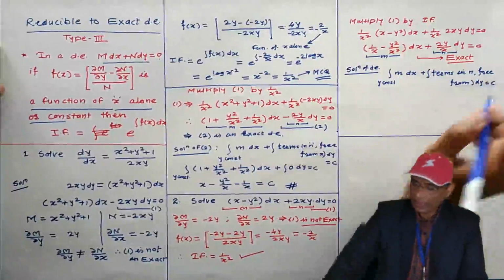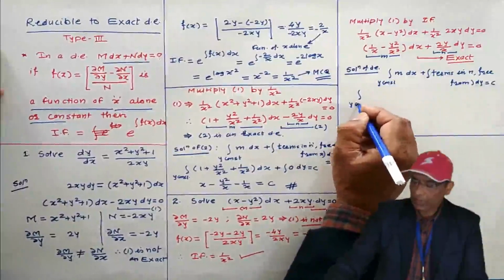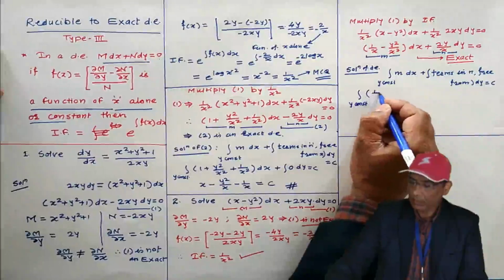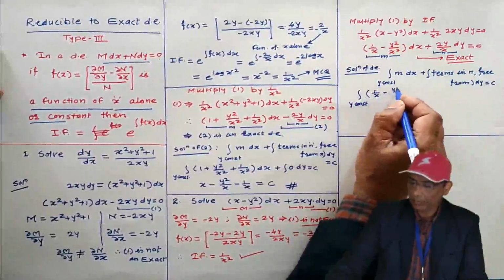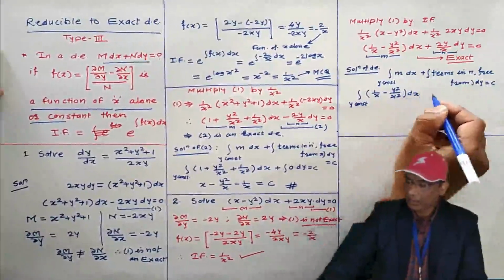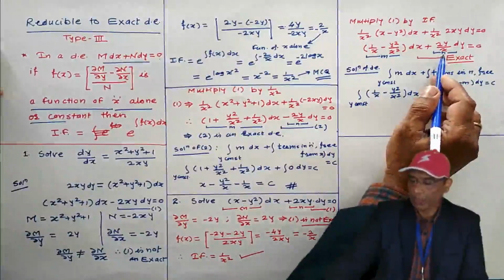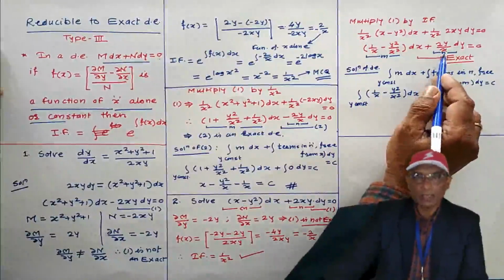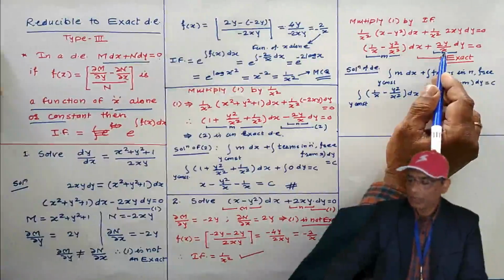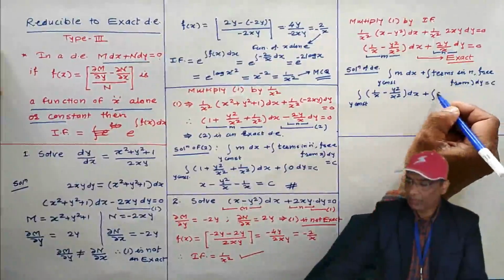Now, the integral of M keeping y constant with respect to x, that I have to perform. Now, the terms in N: small n is 2y by x. This N contains a single term and it contains x, which means there is no term in N free from x, that is, zero terms in N free from x.